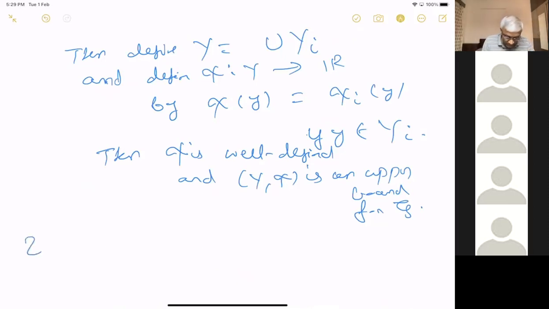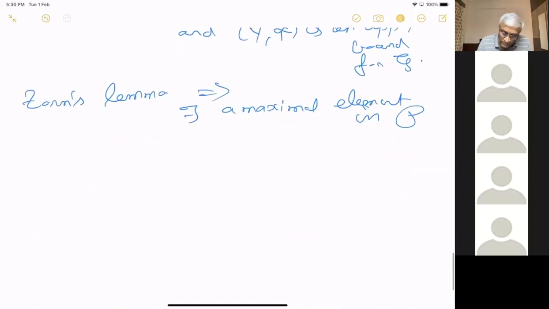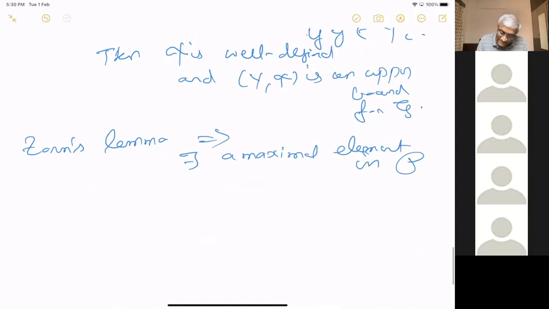So Zorn's lemma implies there exists a maximal element in this. Let me call that maximal element (y1, chi1).